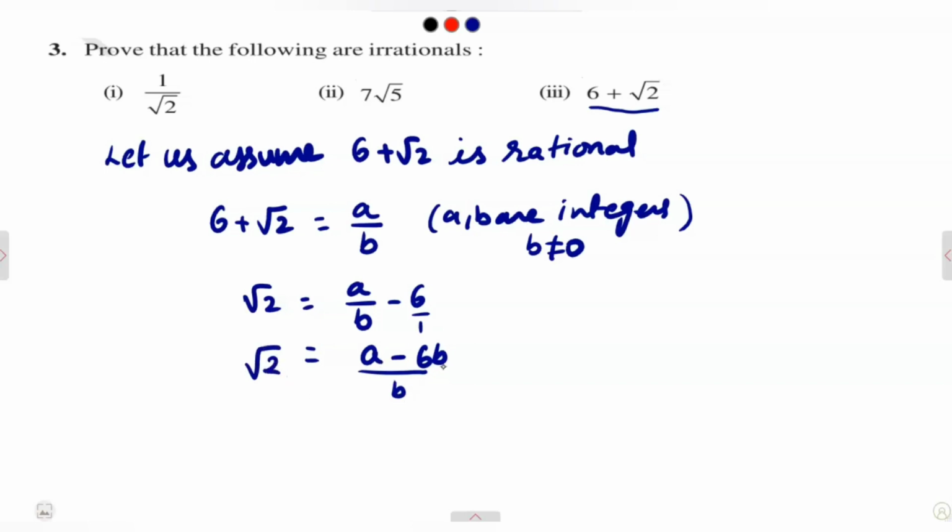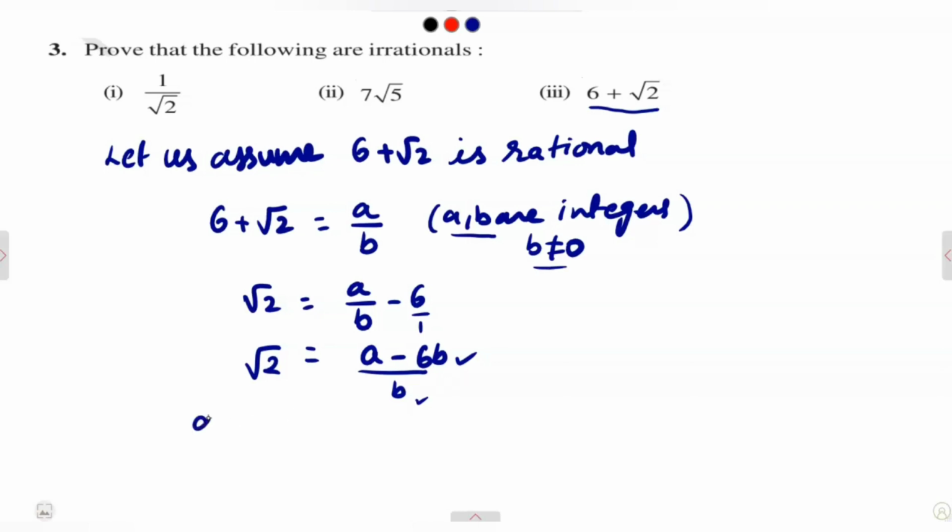Now a, b and 6 are integers, so the numerator a minus 6b is an integer and the denominator b is also an integer. So a minus 6b by b is totally a rational number.